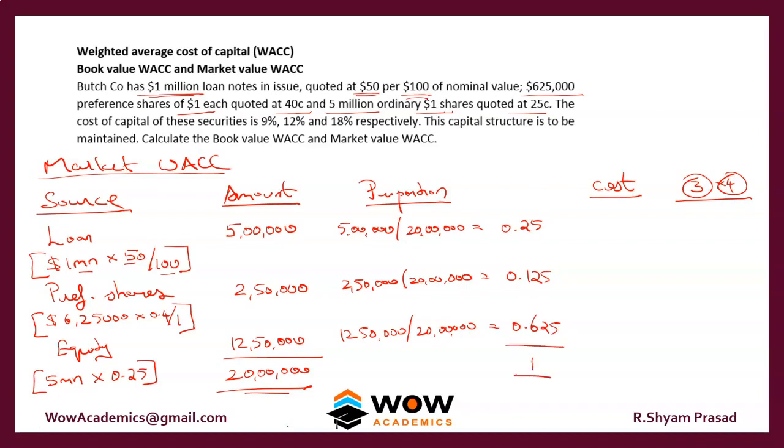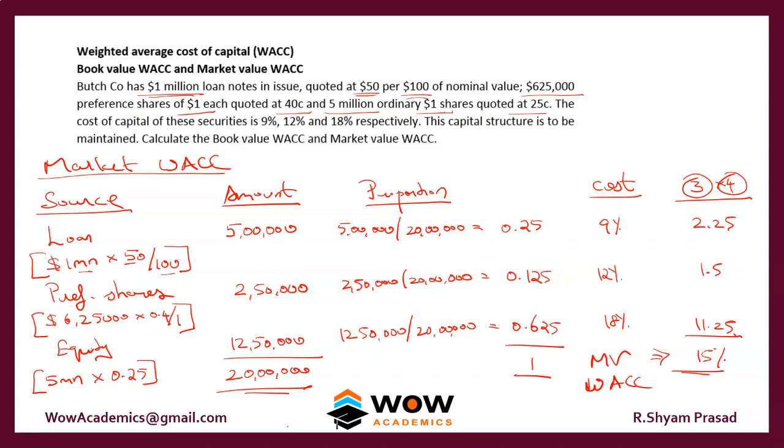If you add, it should come to 1. The cost is given here, it's 9%, 12% and 18%. Proportionately multiply them, and you will get the answer. So it comes to 15%. So that's the market value WACC. Okay, that is 15%. So that's how you do it.